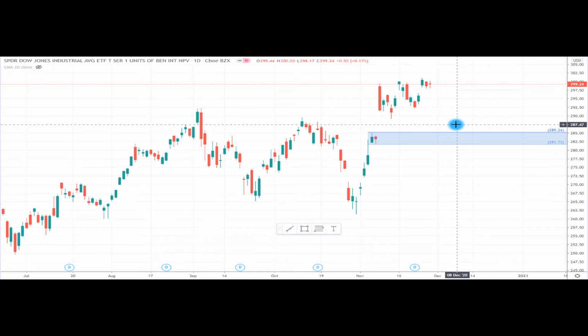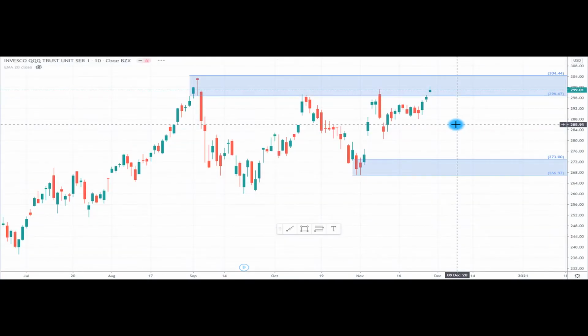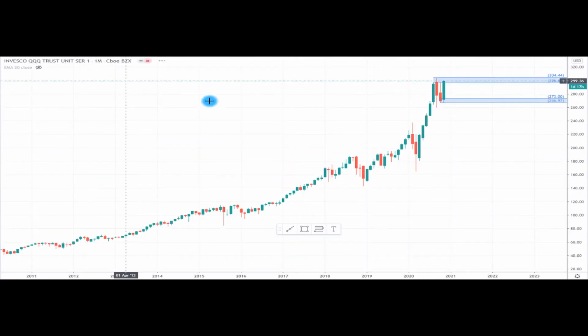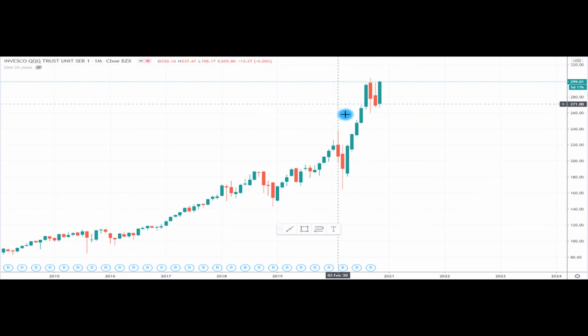The last market we are going to look at is the Qs, the NASDAQ Composite, QQQ. This one is a tricky one, because this is the first one that made all the all-time highs while the other two markets were still trailing behind. So we have a strong bullish candle right here.